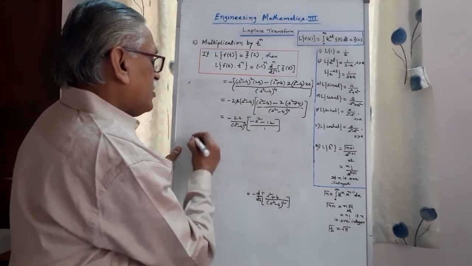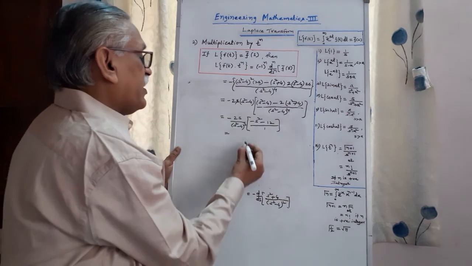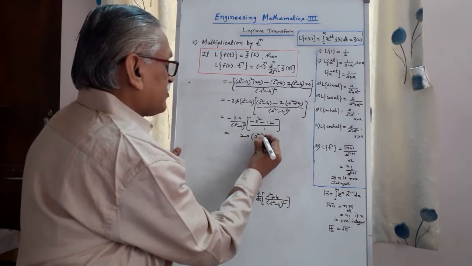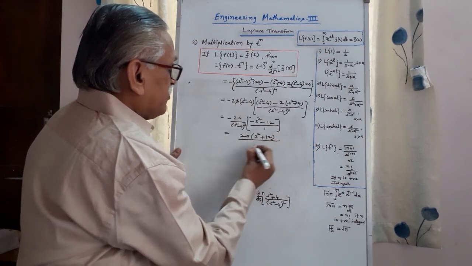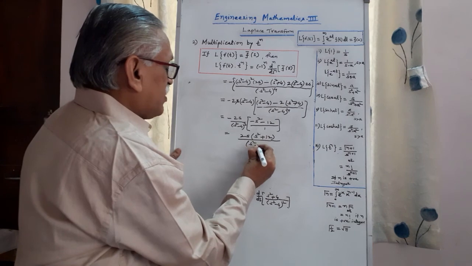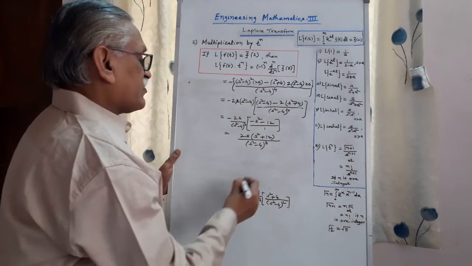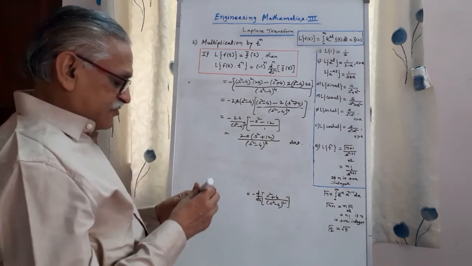Okay, and therefore final answer, multiplying by a minus inside, we get 2s multiplied by s square plus 12 divided by s square minus 4 bracket raised to 3 as the final answer of the required Laplace transform.